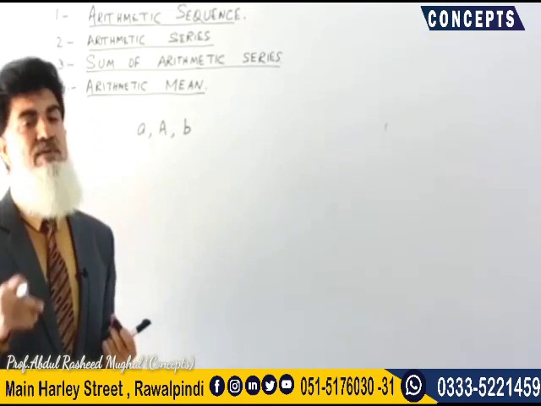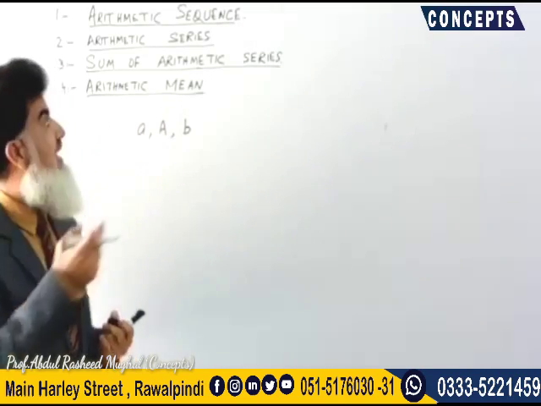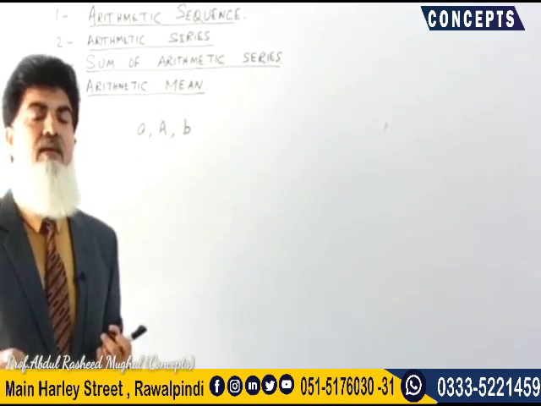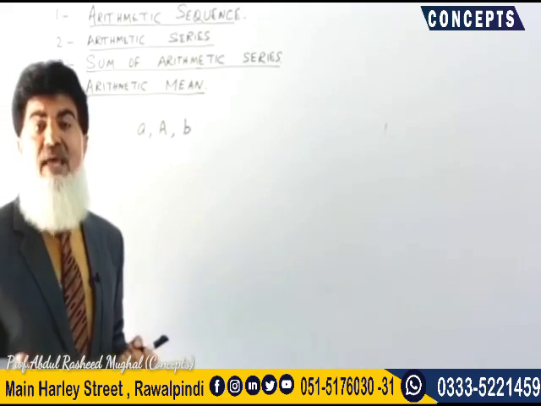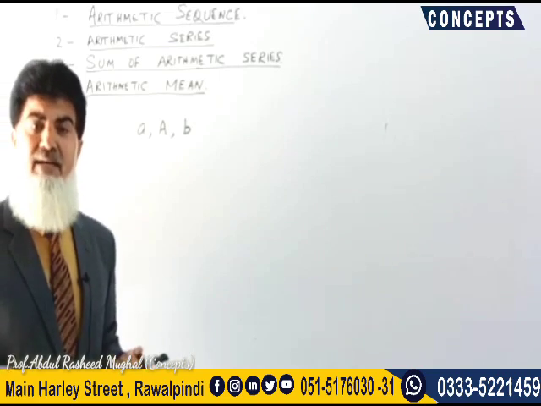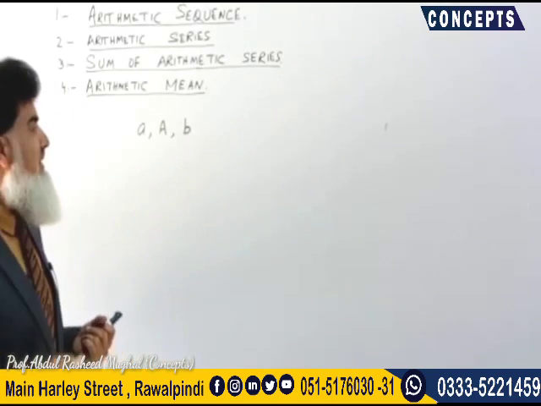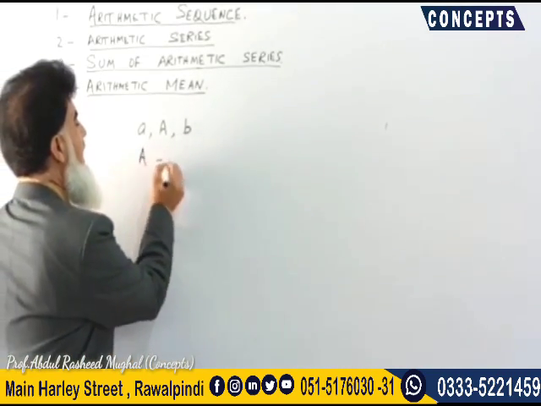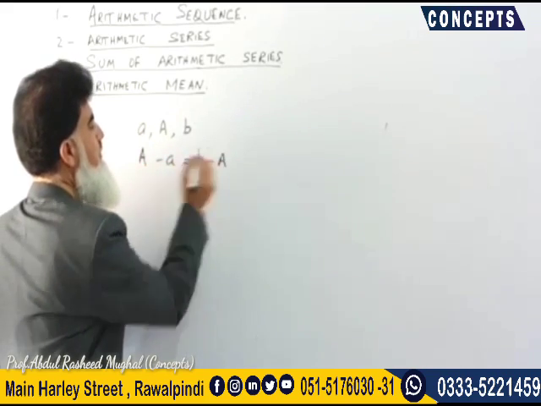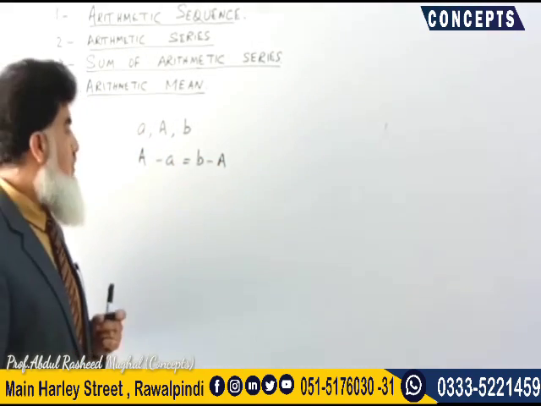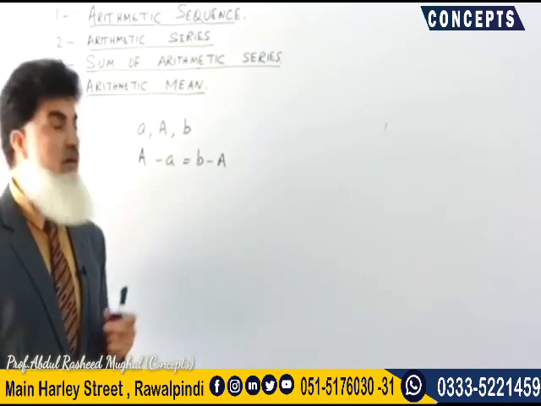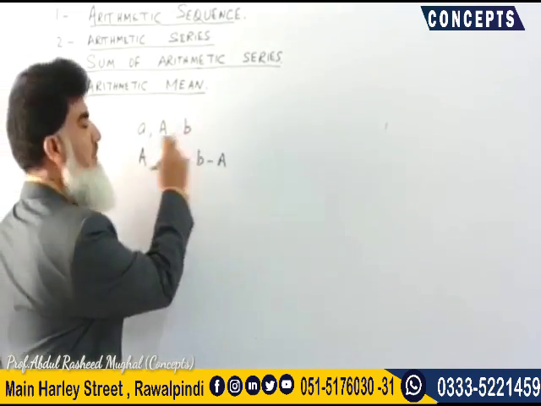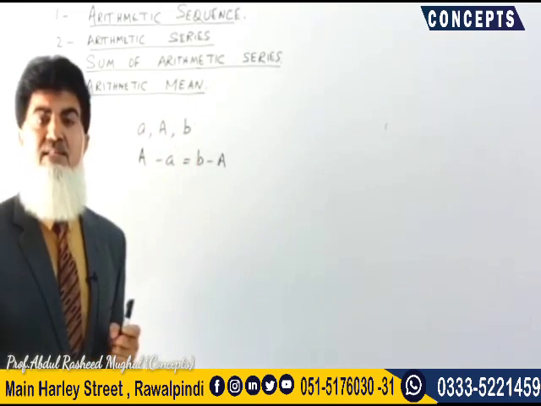And an arithmetic sequence, by its definition, as I have mentioned in the first topic, if the common difference between two consecutive terms is the same, then it is known as an arithmetic sequence. Applying the same definition here, we can say that capital A minus small a will be equal to small b minus capital A, because a, capital A and b are in arithmetic sequence.